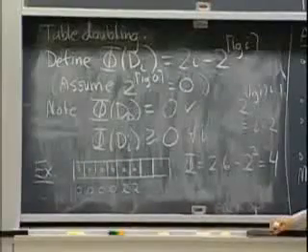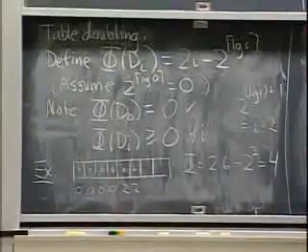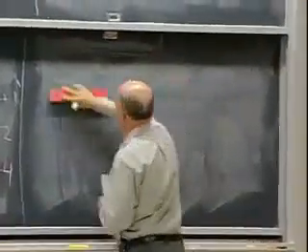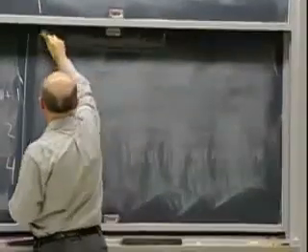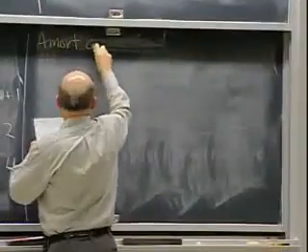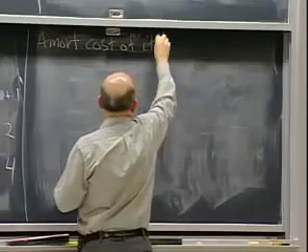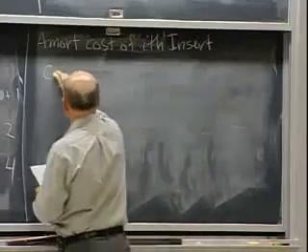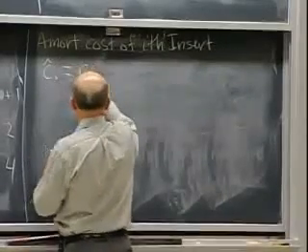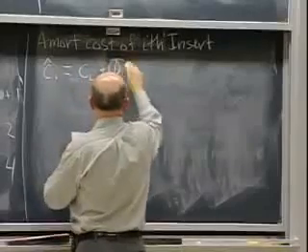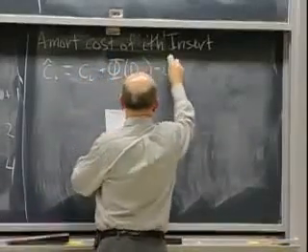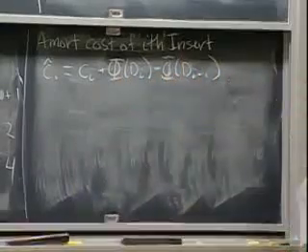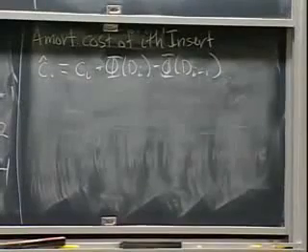So now let's add up the amortized cost of the ith insert. That's the amortized cost of the ith insert, just by definition.